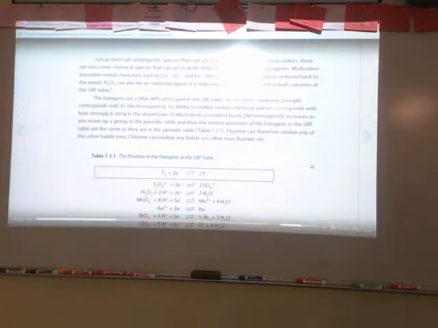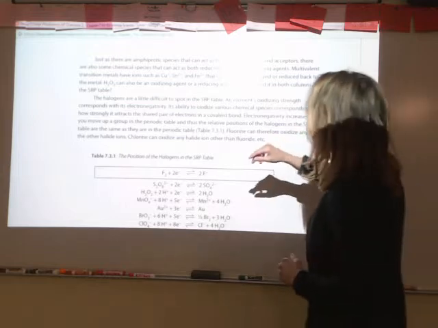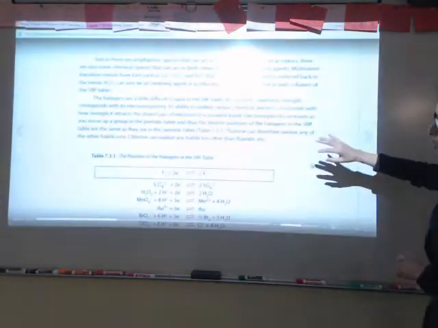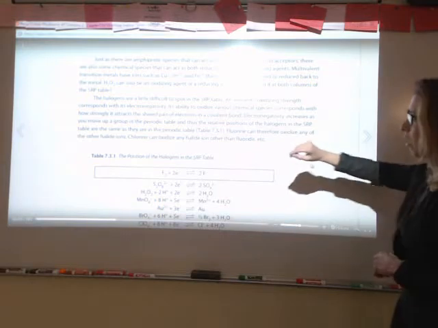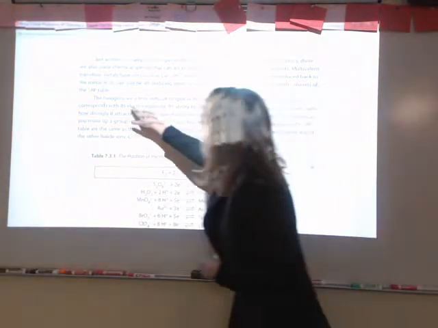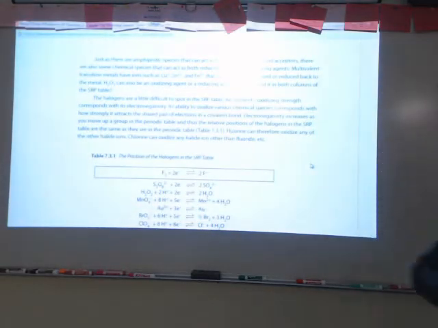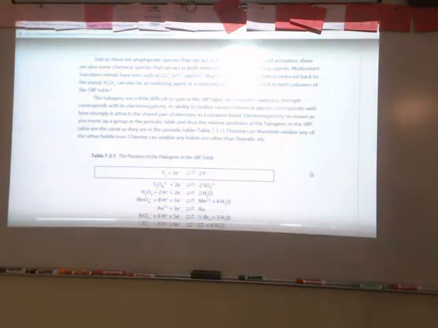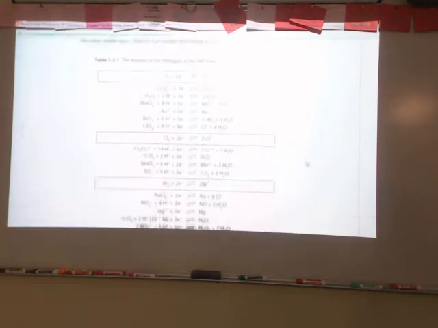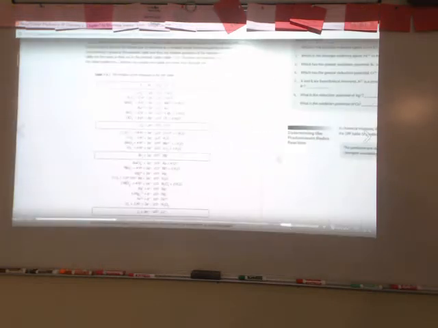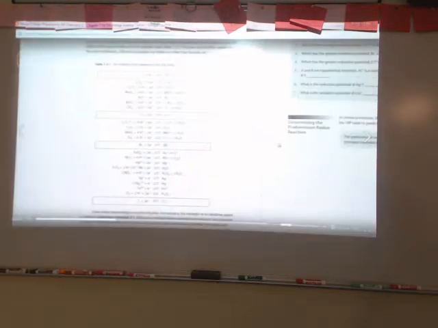So I'm looking here, okay? So a lot of your transition metals that have varying charges can serve as oxidizing or reducing agents. And then the halogens on the SRP table are going to be arranged in order of increasing electronegativity. So here they've put the halogens in boxes for you, and then I'll go back and show you where these are on the SRP table.